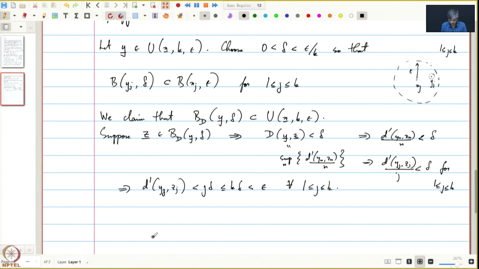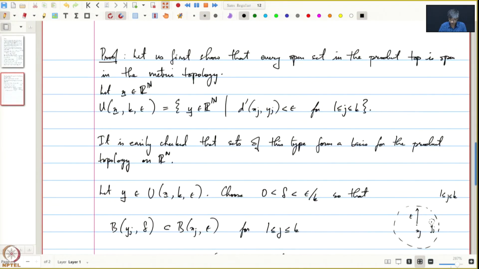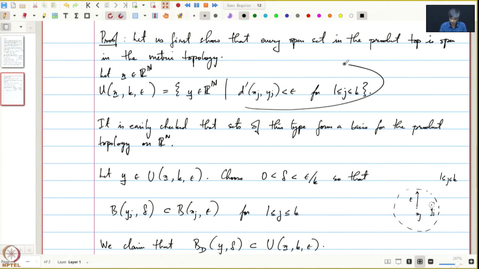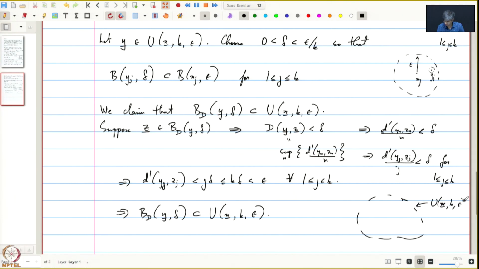And so this is the definition of this open set U. This implies that this ball B d y comma delta is contained in U x bar k epsilon.